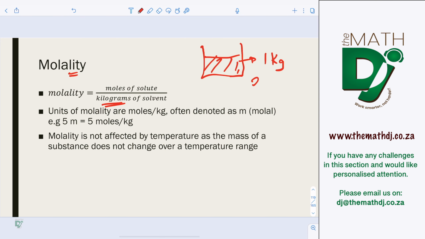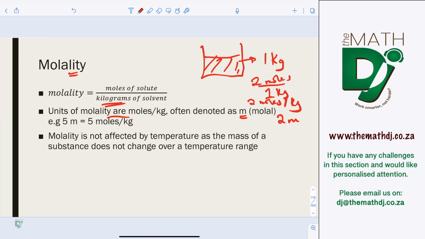So we are saying 2 moles over 1 kg. So it becomes 2 moles per kg. So units of molality are moles per kg, often denoted by a small m. So they can say 2m like this.